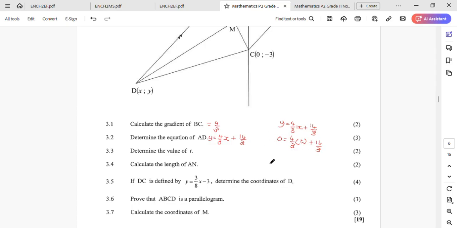And you can punch your calculator, finding your value of t being, we take 14 over 3 to this side of 0. It's going to be minus 14 over 3, then multiply by 3 and divide by 4.